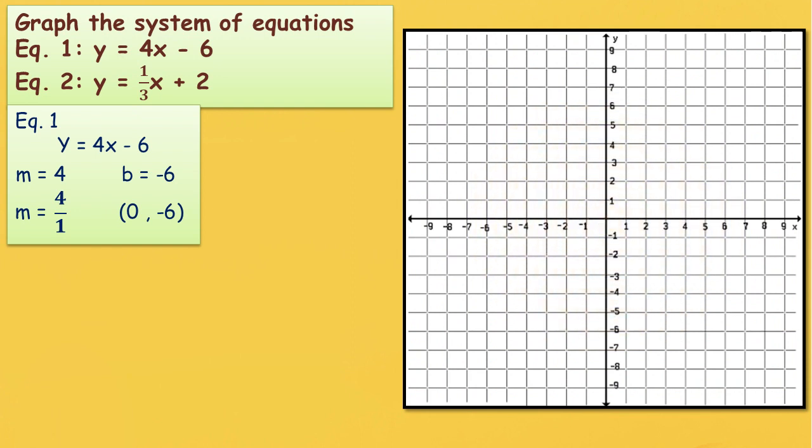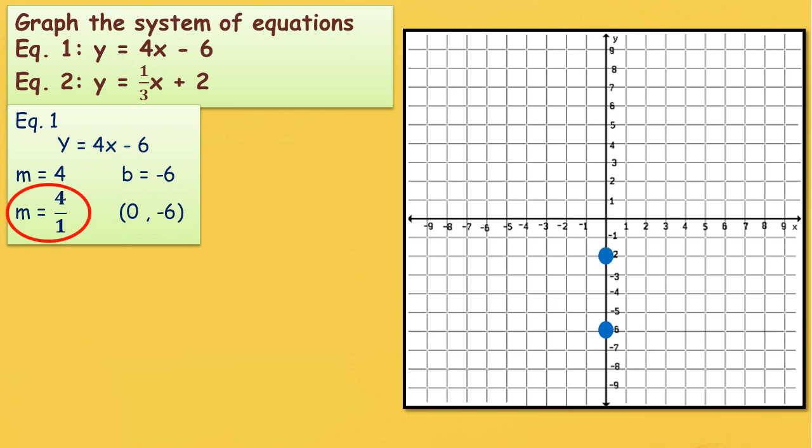I-graph na natin sa Cartesian plane. Unahin natin si 0, negative 6. So, para ma-plot natin yon, dito si 0, negative 6. Ayun. From this point, sunod natin yung ating slope, which is 4 over 1. Ang rise natin is positive 4. So, that is 4 units upward.